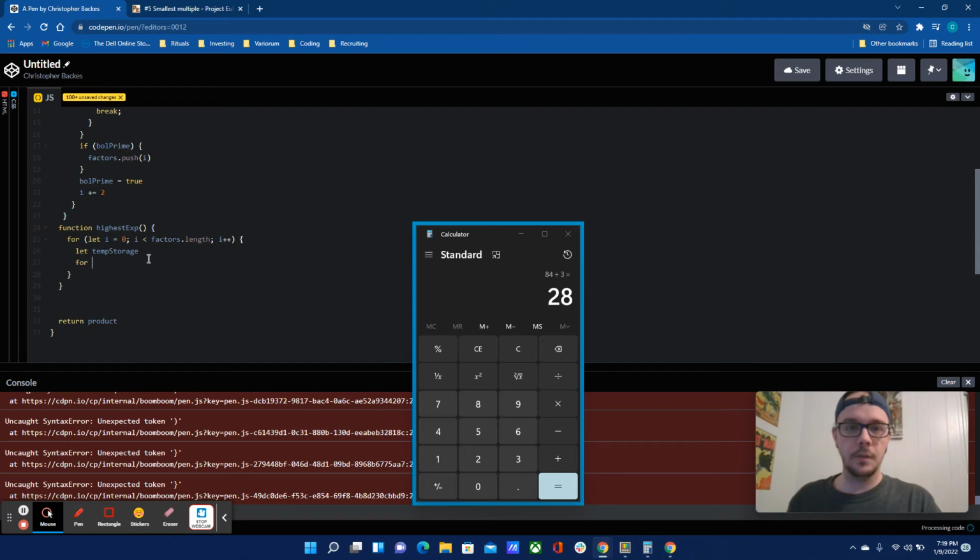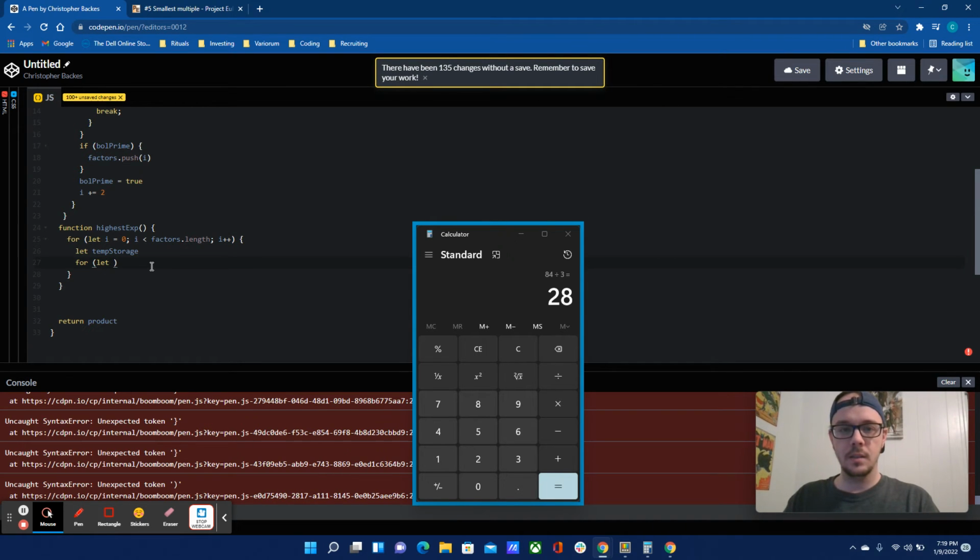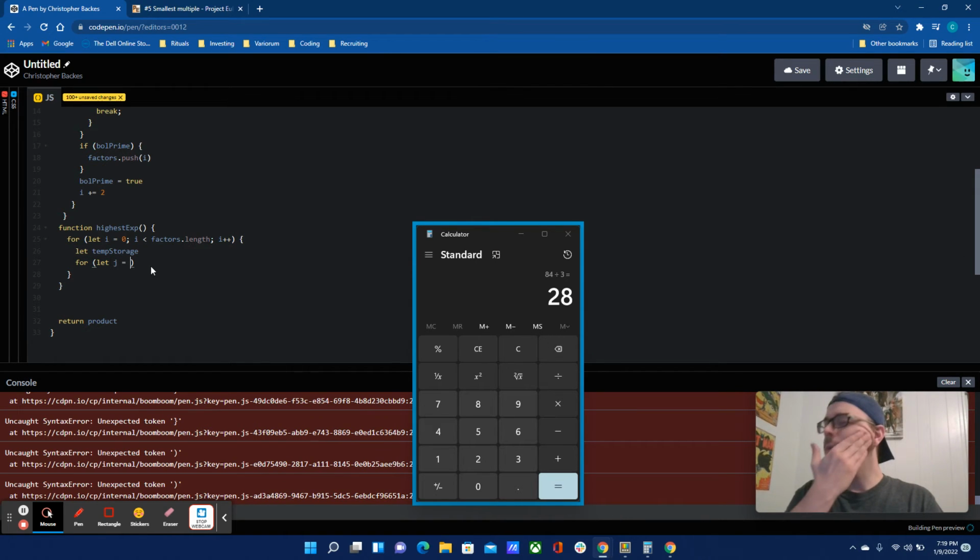Another loop. I know I just said while loop, having a for loop in. Oh well. j equal, we need to make this equal to 1, because the j is going to be the power that we're raising it to.